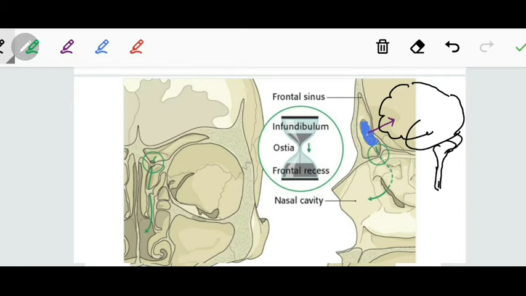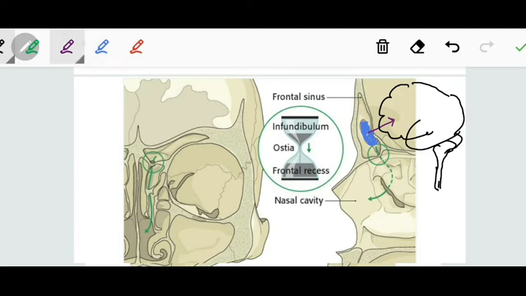That means the pus of frontal sinusitis may spread posteriorly into the anterior cranial fossa, leading to frontal lobe abscess. So that is one route of spread.